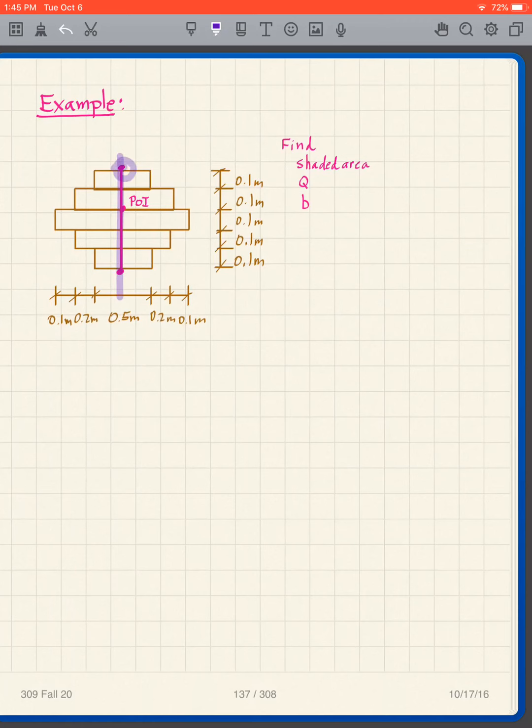So that is my beam cross-section, and I'm giving you the location of the point of interest right there. Your goal is to find the shaded area. So draw the shaded area now, and then find Q and Q/B. Please pause the video and work this problem.